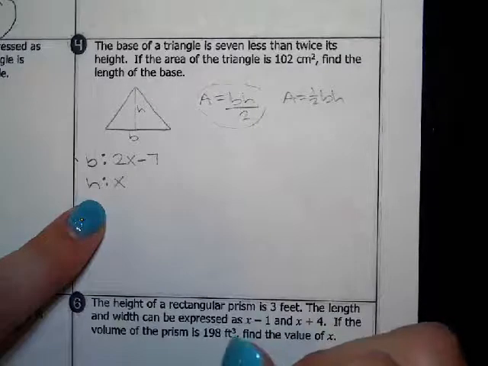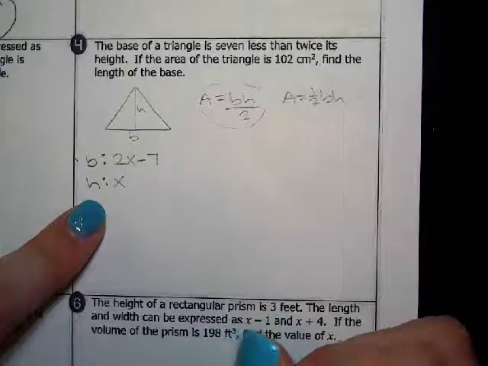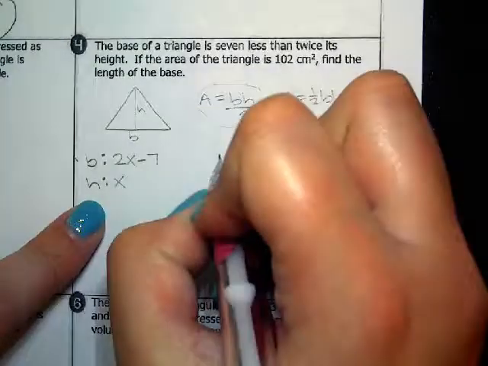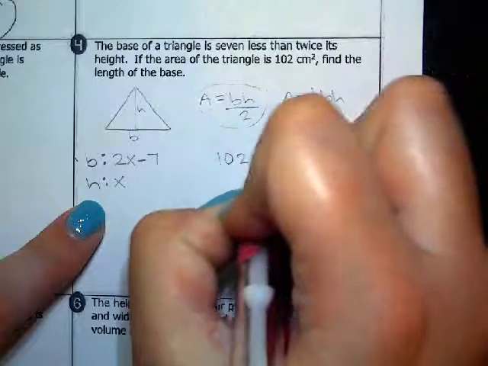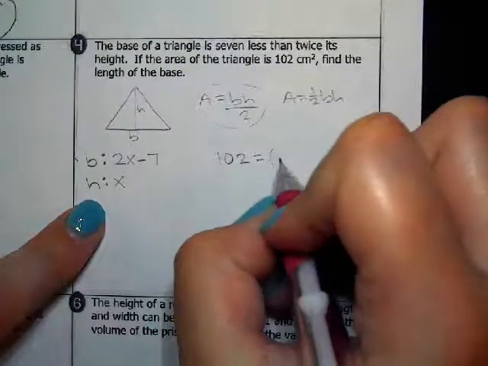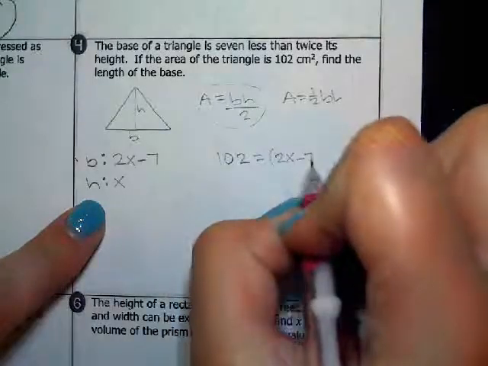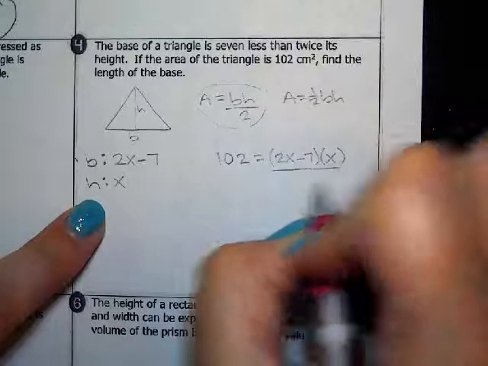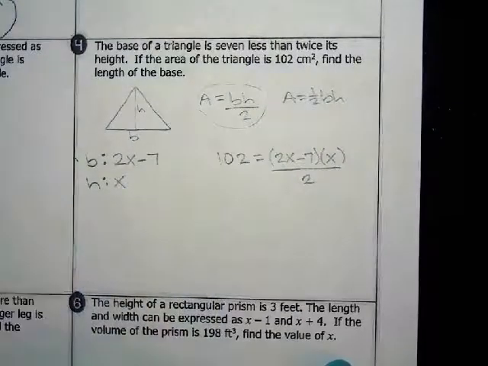Okay, so they said the area is 102. So we're going to say area 102 equals base times height. So we're going to do 2x minus 7 base times height divided by 2. Base times height divided by 2. Are we comfortable with that? Okay.